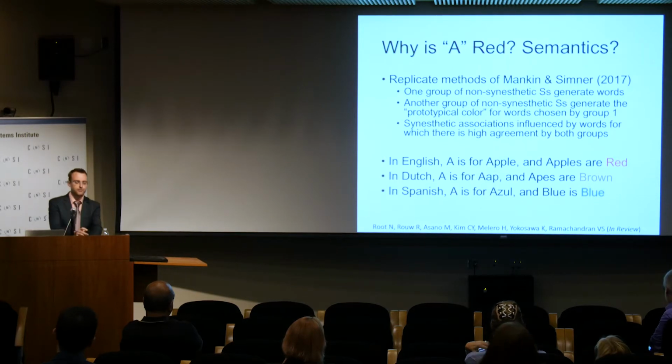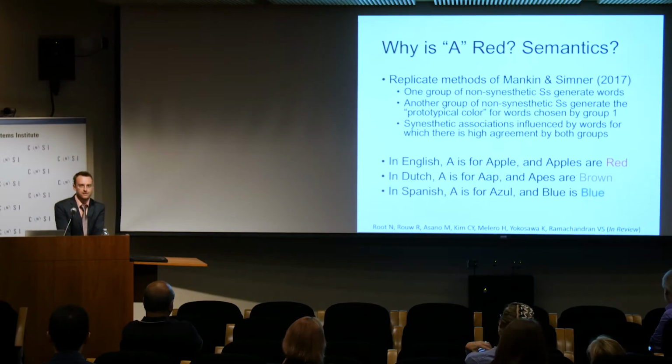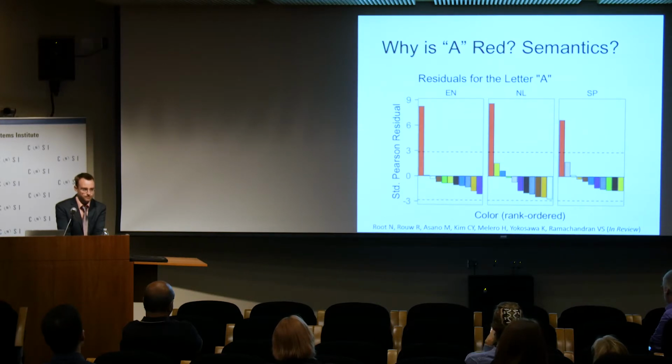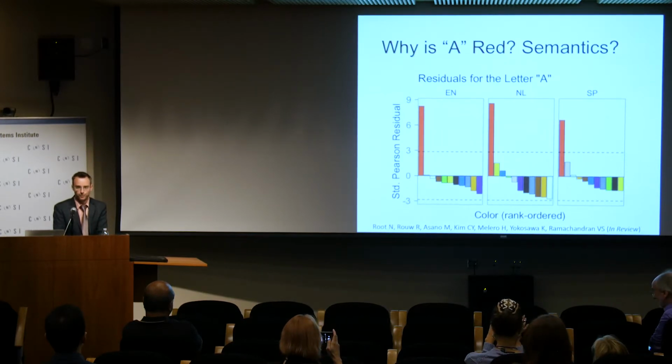So if the semantic hypothesis is explaining why A is red, then the Dutch A should be brown, and the Spanish A should be blue. But they're not. They're all red. So although the semantic hypothesis does seem to explain some associations, it's probably not responsible for this one.